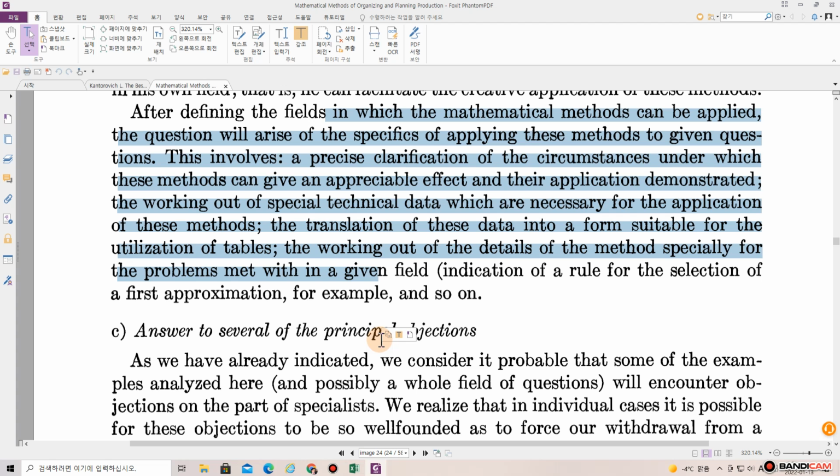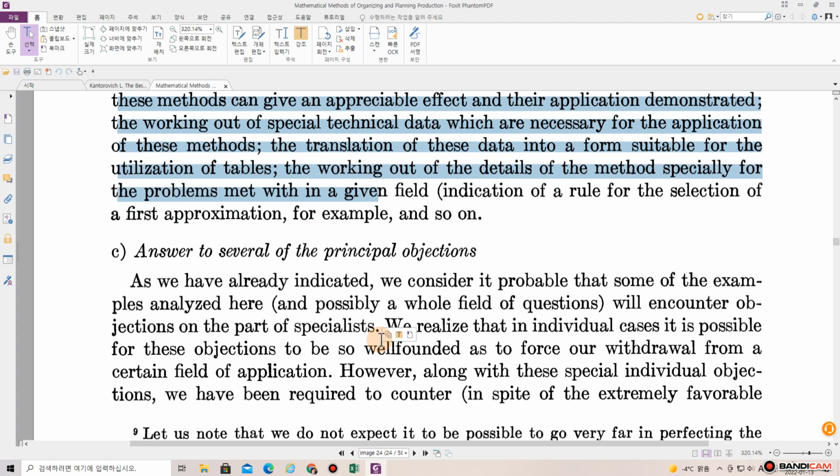The working out of special technical data which are necessary for the application of these methods, the translation of these data into a form suitable for utilization of tables, the working out of the details of the method specifically for the problems met with in a given field, indication of a rule for the selection of a first approximation, for example, and so on.